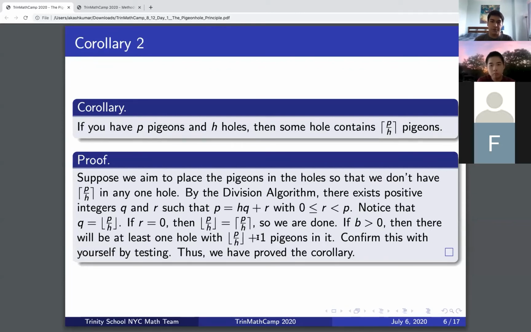The floor of 3.4 is 3, and then you add 1 to get 4. And the ceiling of 3.4 would be 4. So whenever you have some sort of fractional part, taking the floor and adding 1 is the same thing as just taking the ceiling. So regardless of whether R is 0 or bigger than 0, we find our hole that has the ceiling of P over H pigeons.